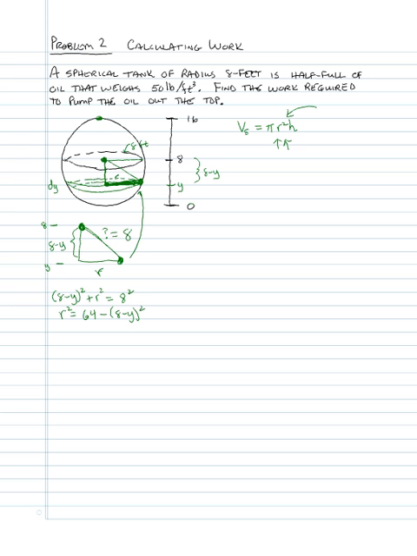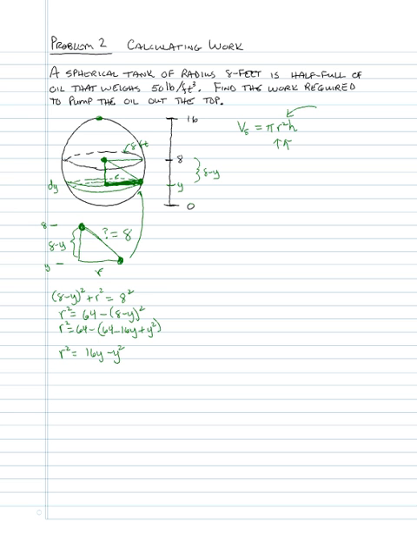By squaring 8 minus y, we get r squared is equal to 64 minus 64 minus 16y plus y squared. And then when we distribute that negative sign, we end up with 16y minus y squared.